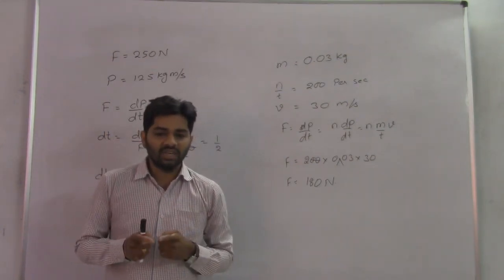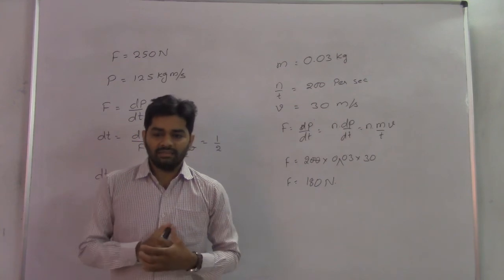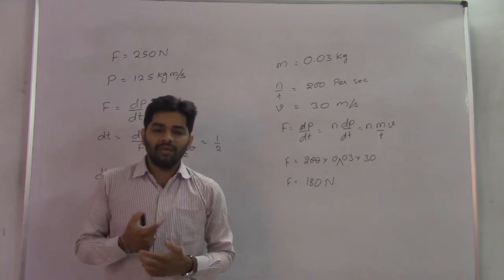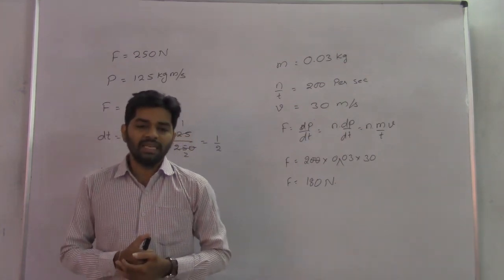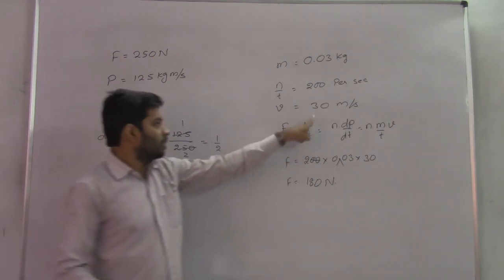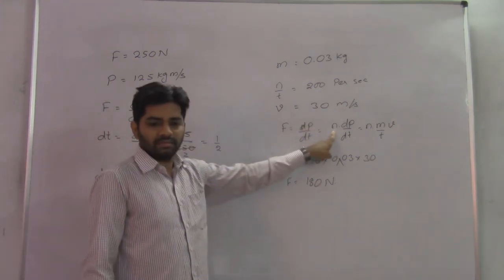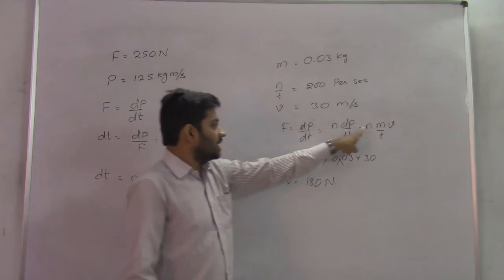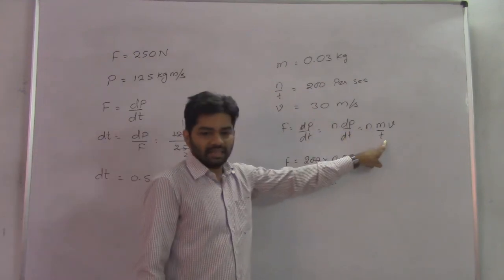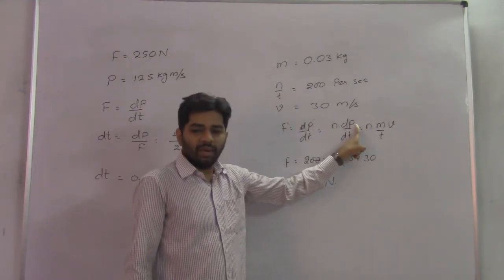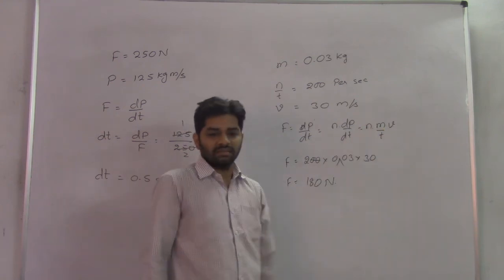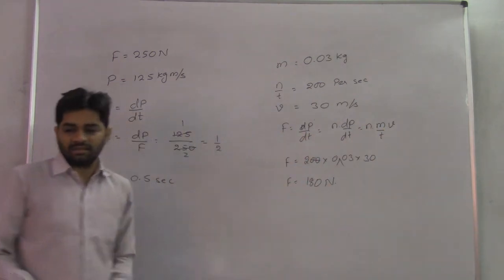That is the force acting for only one bullet. Here n number of bullets are mentioned, so the force should be multiplied with n. Here dt is taken as t, and dp, the change in momentum, is nothing but mass into velocity. Then substitute the values. That's it.